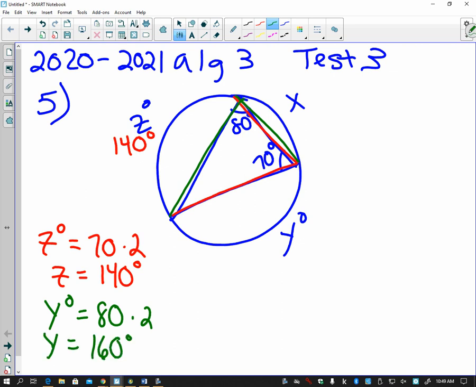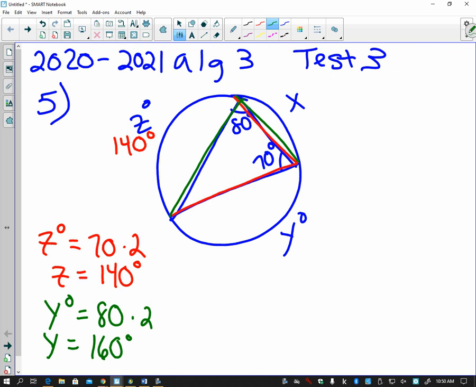Now, there's two ways to find X. Either you can solve for the missing angle of the triangle. 80 and 70 is 150, which means there's 30 degrees remaining, and that 30-degree angle is going to intercept X, correct? Or I could say that 140 plus 160 is 300, right? And how many degrees are remaining? 60 degrees are remaining. Do I get 60 either way?